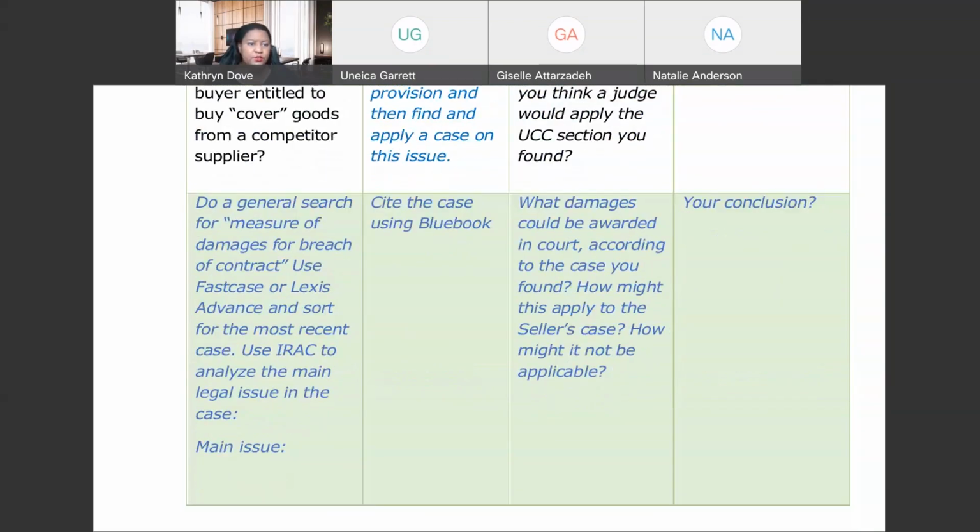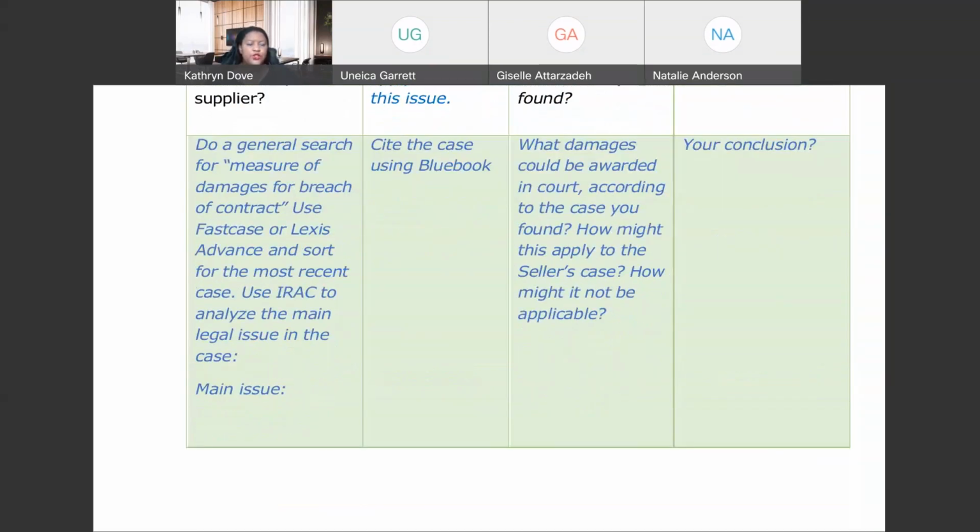So let's get down to this third part. Do a general search for measure of damages for breach of contract. You'll need to use Fast Case or Lexis Advance and sort for the most recent case. So what we're doing here is looking for the current case law talking about the measure of damages for breach of contract.